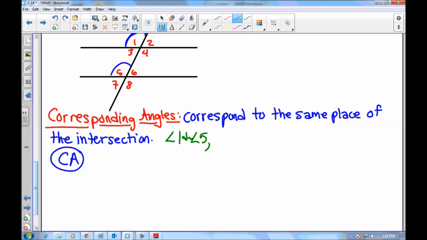Okay, let's find another pair. Say I choose angle 3. Show up in the air, please. What angle corresponds to the same place of the intersection as angle 3? Not 5, no. It would be angle 7, right? Angle 3 is the bottom left, so bottom left being angle 7.